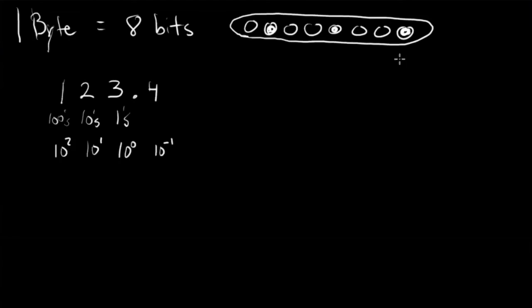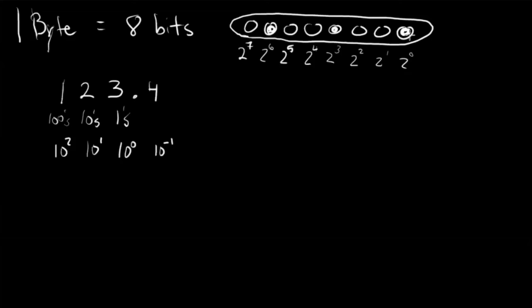So this would be the 2 to the 0 spot, 2 to the first spot, 2 to the second spot, 2 to the third spot, 2 to the fourth spot, 2 to the fifth spot, 2 to the sixth spot, 2 to the seventh spot. And if you look carefully, when you count from 0 to 7, you've actually counted 8 different things, okay?